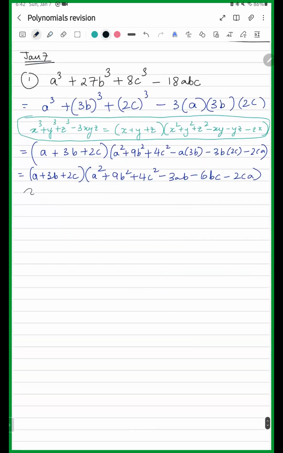Question number 2. Now write the previous one and then we'll start with the next one.